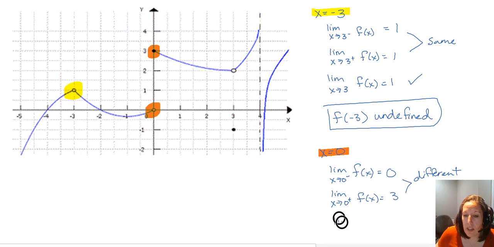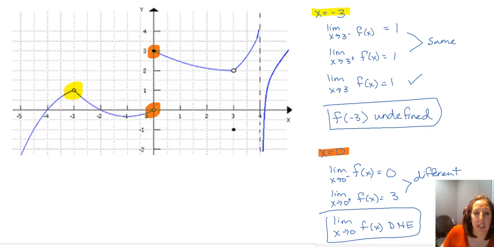That means the limit as x approaches 0 in general does not exist. So that would be the criterion violated at x equals 0.